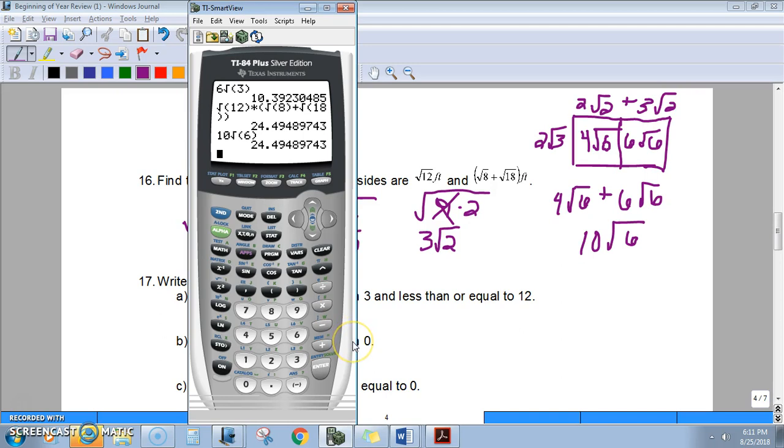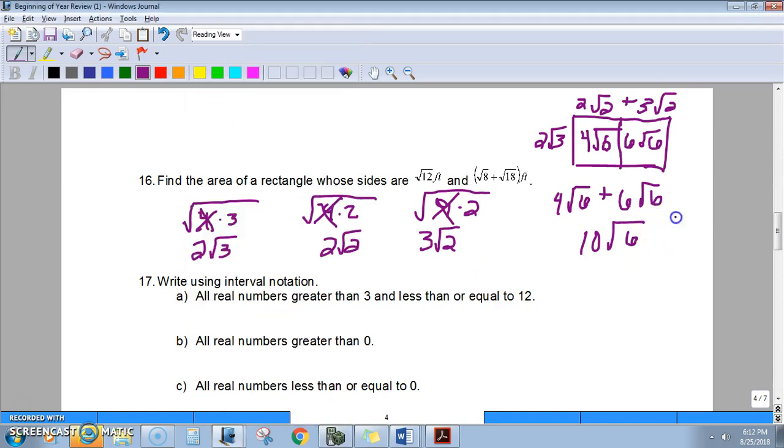Now, why are you asking yourself, why did I just do all of this and then watch you put it in the calculator? Because there might be a question like this where it's multiple choice on your SAT and they don't have 24.49 as an answer, right? Approximately. The answer that they're going to have is 10 root 6. And it's pretty basic math. It's just trying to remember those rules. So I know you guys can do it.